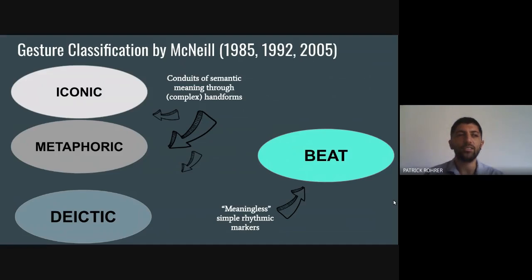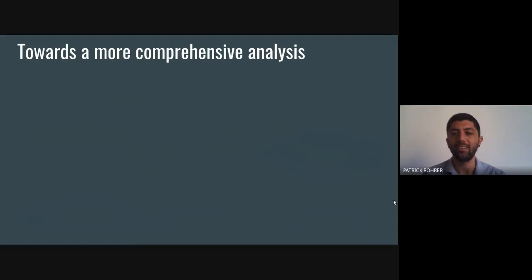And for us, we believe that this sort of categorical approach towards gestures, this way of grouping gestures, is sort of untenable when working with real-life data. And we think that we need a more comprehensive analysis of gesture production.